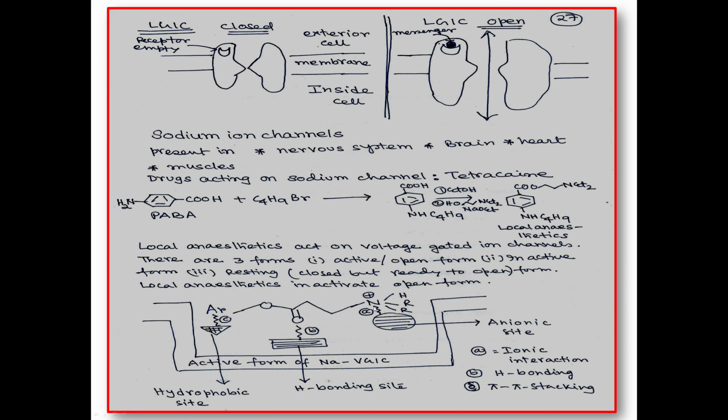The side chain has an amino group that is protonated and participates in the ionic interaction with the anionic site present in the voltage gated sodium ion channel. In this way tetracaine interacts and is useful for local anesthesia.